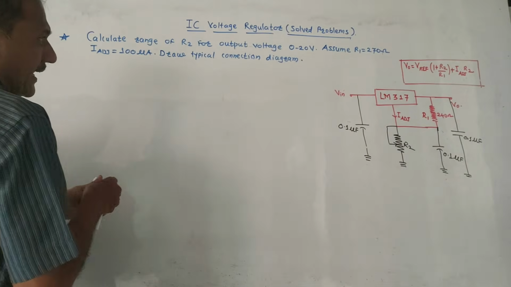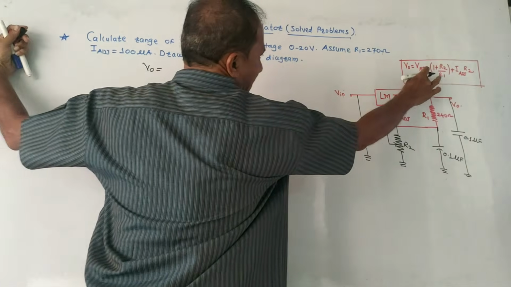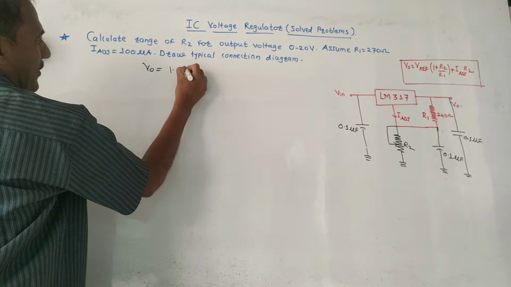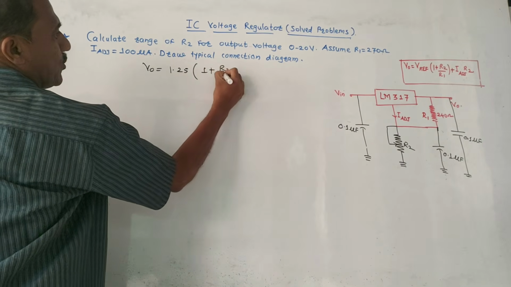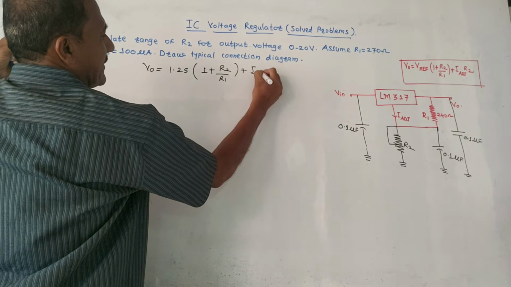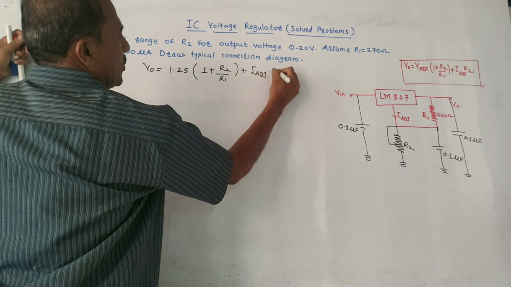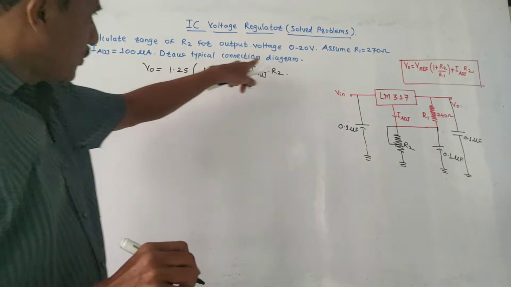So I will rewrite the formula. So it is V0 is V reference, value of V reference, standard value 1.25, in the bracket 1 plus R2 by R1, plus I adjustment into R2. Like the first numerical, we have to consider the output voltage range.